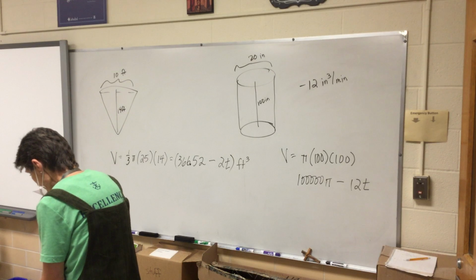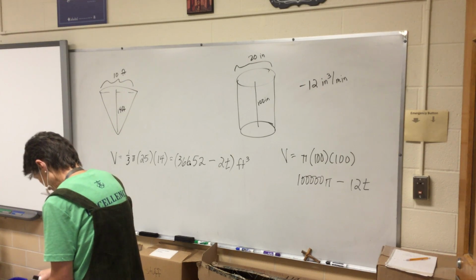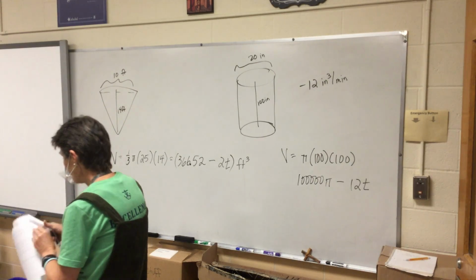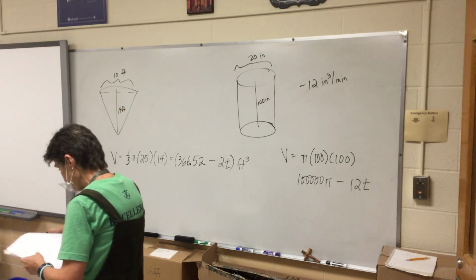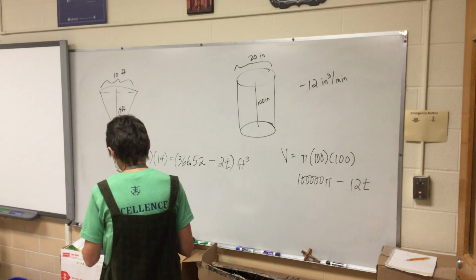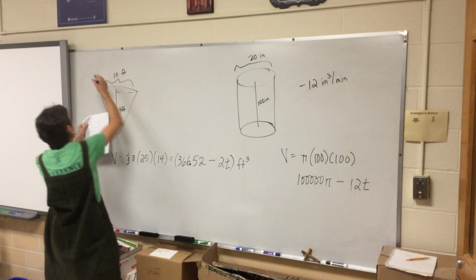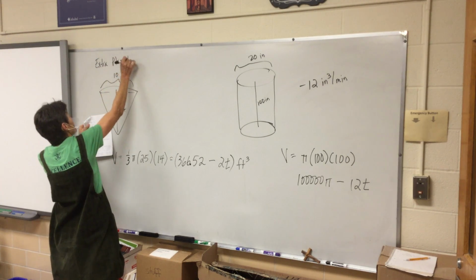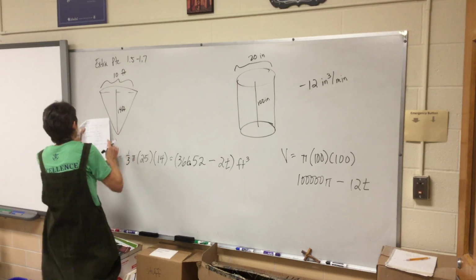All right, now find the one that says extra practice 1.5 to 1.7.